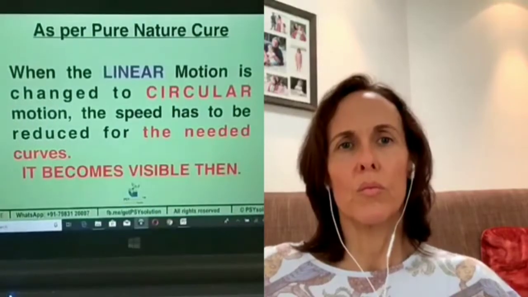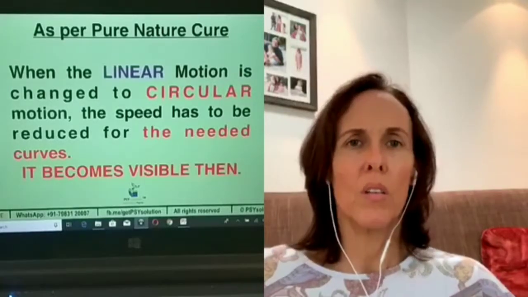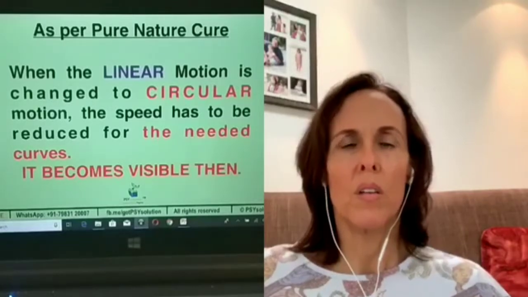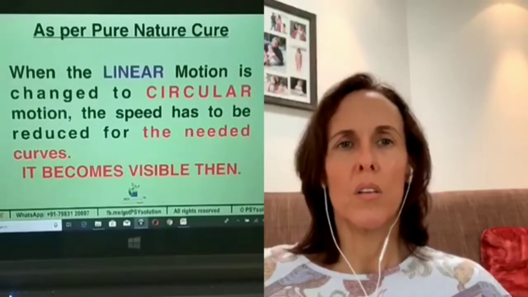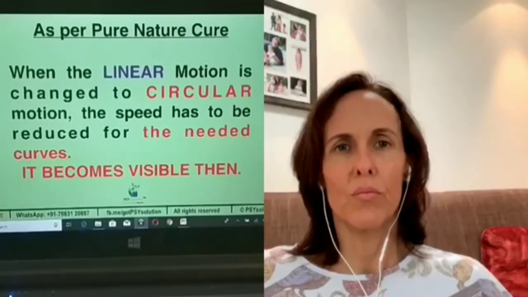When you drive and take a turn, we need to reduce the speed, isn't it? Of course. So when we change the linear motion to the circular motion, the speed has to be reduced for the needed curve. And with the reduction of the speed, it becomes visible. Indeed. Because high speed is not visible. Now the lesser speed is visible.